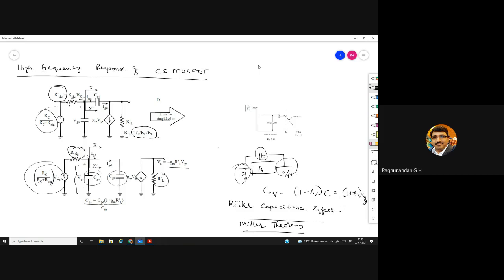So 1 plus AV times CGD will be towards the input according to him. Based on all those theorems, we have written this, and we have a small derivation. Followed by that, we are having the low frequency response. That is going to end the chapter, so we can look at it in the next class.